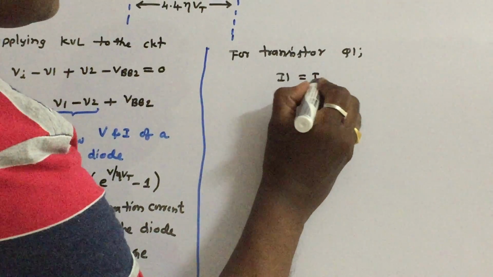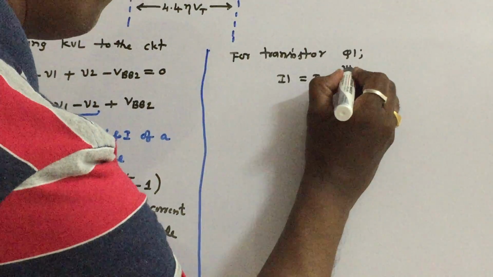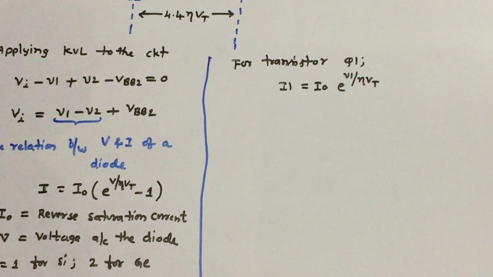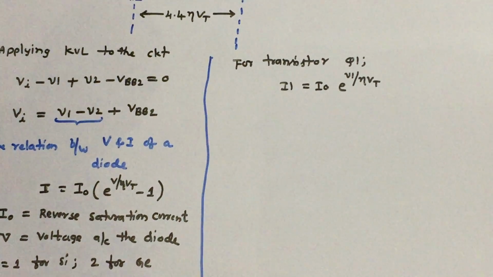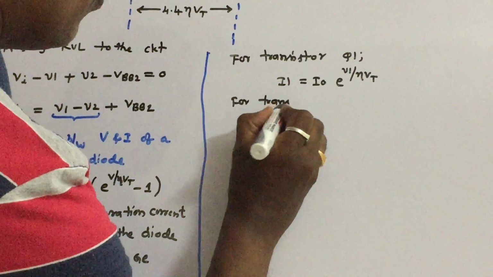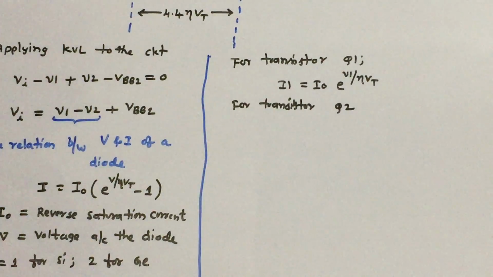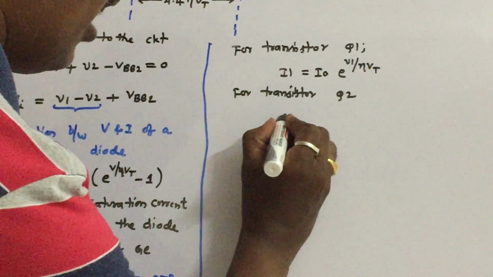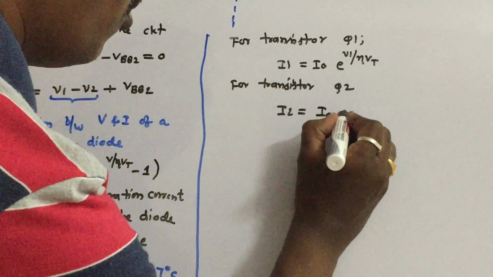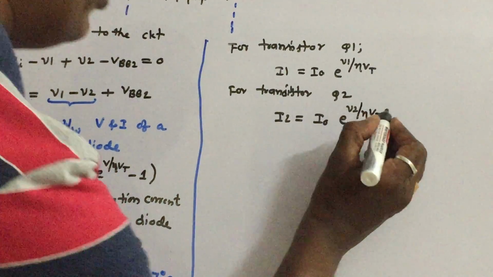I0 will remain, and the base emitter voltage is V1, so I1 is I0 e power V1 by eta Vt. Similarly for transistor Q2, the current I2 is equal to I0 into e power V2 by eta Vt.